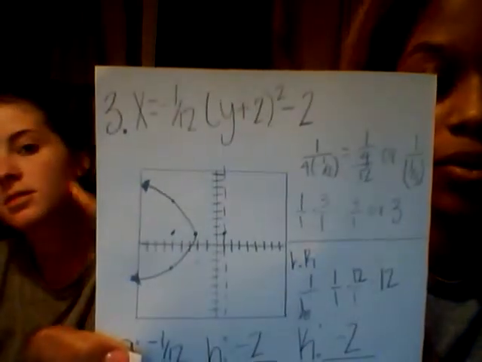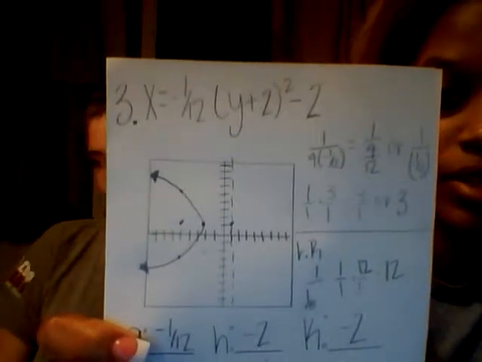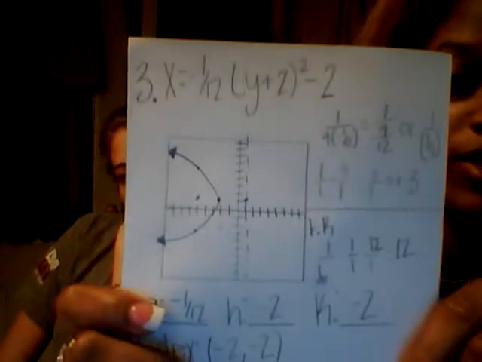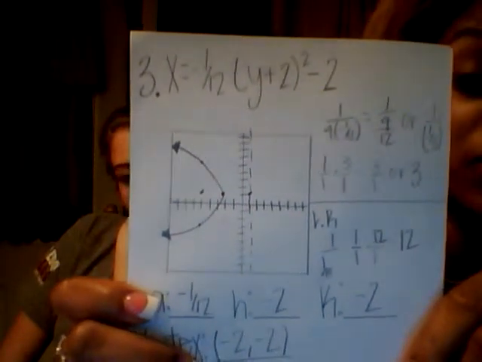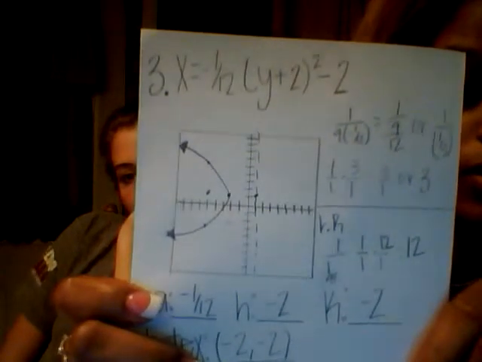Alright, now let's try an x equals. For my x equals, I have x equals negative 1/12, in parentheses y plus 2 squared, minus 2. The first thing you want to do is notice that it's an x equals, meaning that it has to open either to the left or to the right.